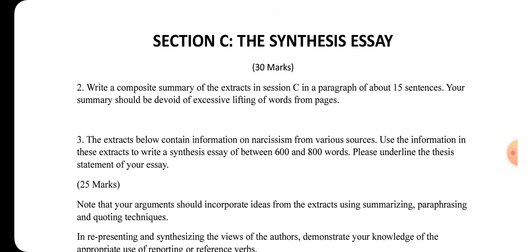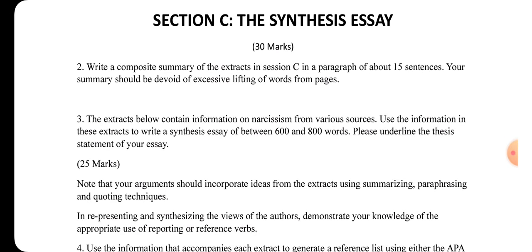But remember that before you are able to write a very good synthesis essay, you must also learn to cite well. Proper citation really matters. If you have not watched the video on citation and referencing that I released just yesterday, make sure you watch it, because that will also count, since the synthesis essay constitutes 50% of your exams.